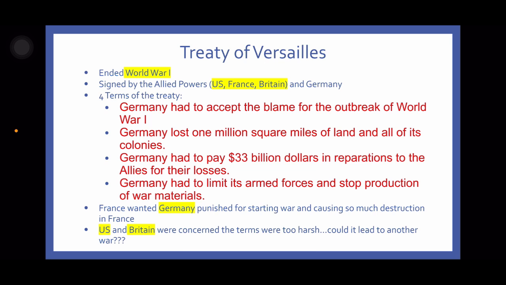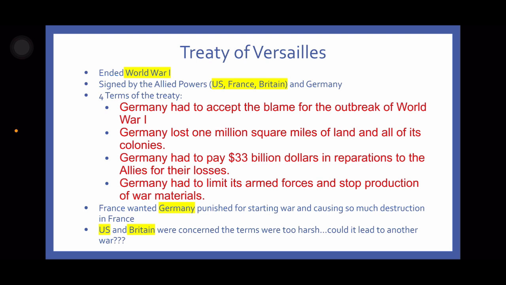But let's go. The Treaty of Versailles ended World War One, and it was signed by the Allied powers, the United States, France, and Britain. And of course, Germany had to sign it because they were the loser of World War One.